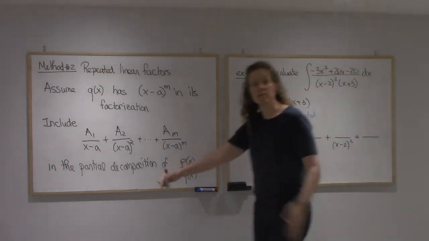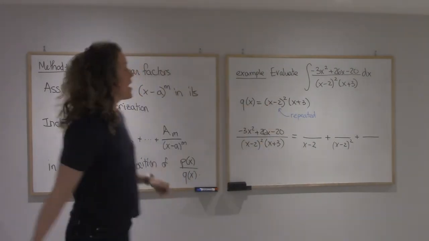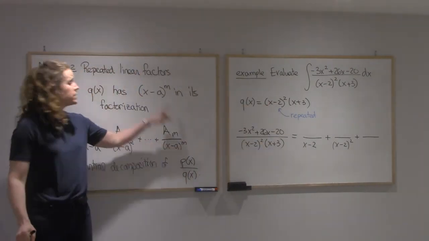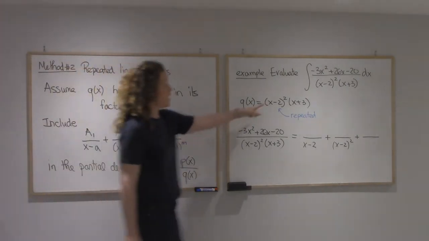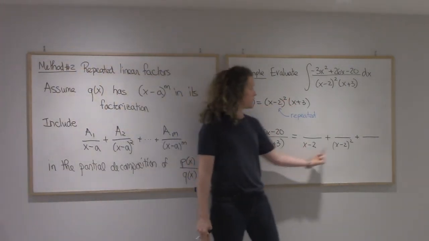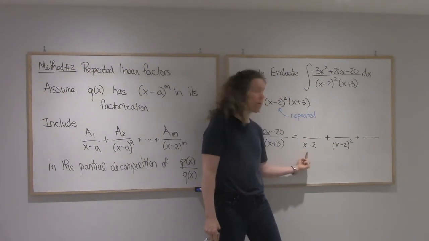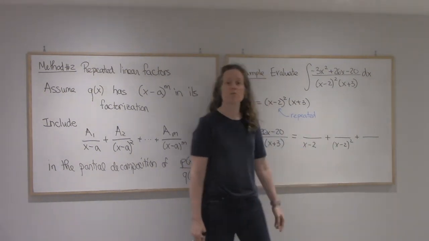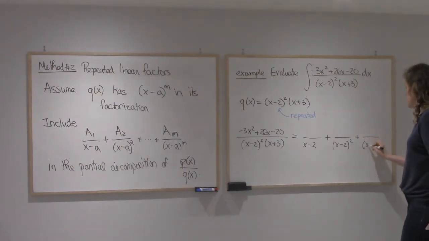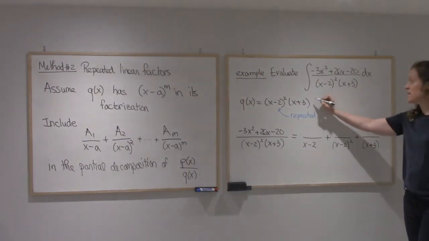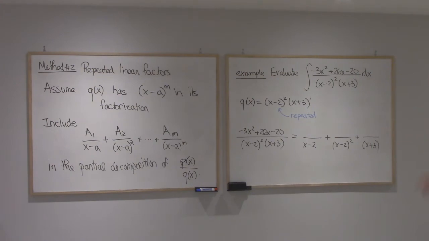That's what this tells us. You keep increasing the power of x minus a until you reach the same power that you had in your factorization. Here we had a power of 2, that means I'm going to need 2 of these factors, one for x minus 2, one for x minus 2 squared. And the third term is going to be x plus 3. That has a power of 1, so I only need 1.